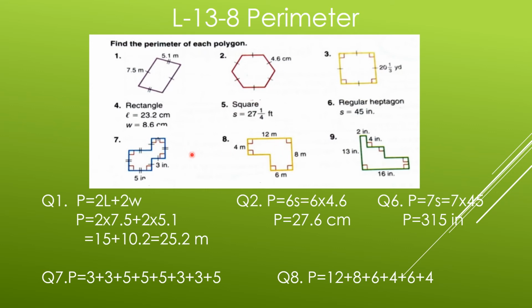Then in the question number 7 and 8, you can see these type of figure are called the irregular figure. In the irregular figure, always remember you can add all the sides like that. There is no particular formula for this one. Only just add all the sides. In this figure, 2 dimensions are given. One is indicated with the single line and one with the double line. The single is 3 inches and double is 5.